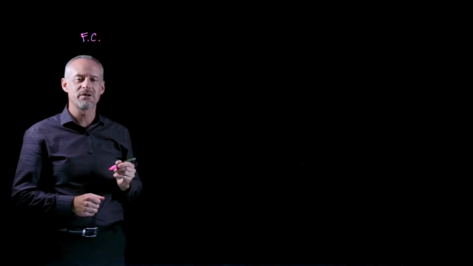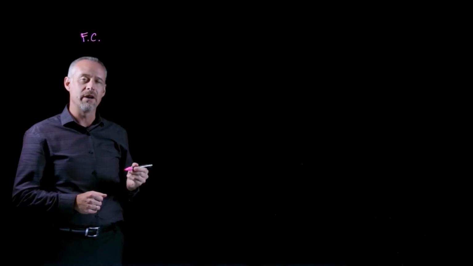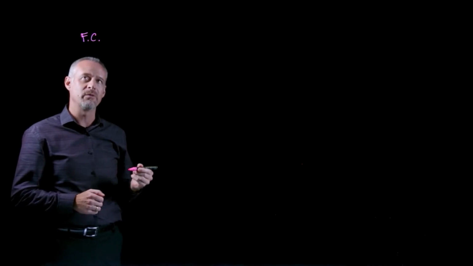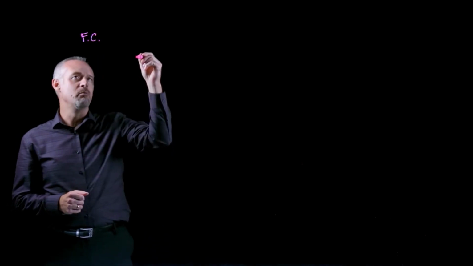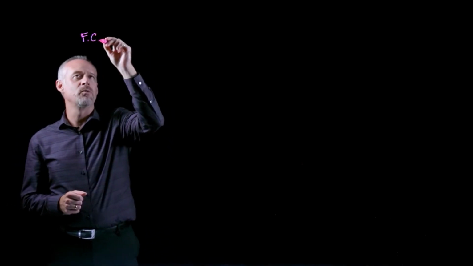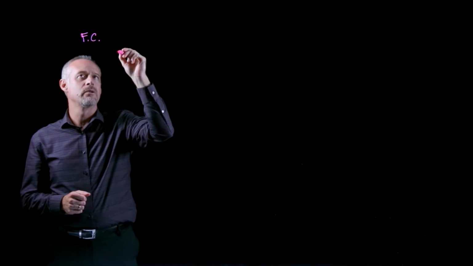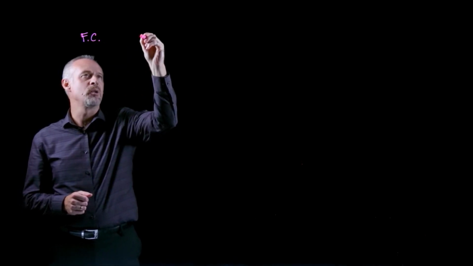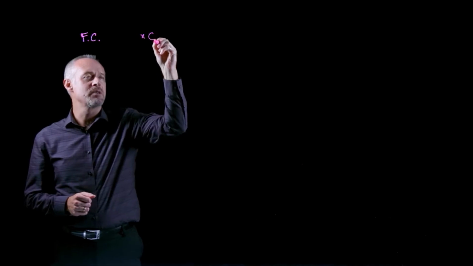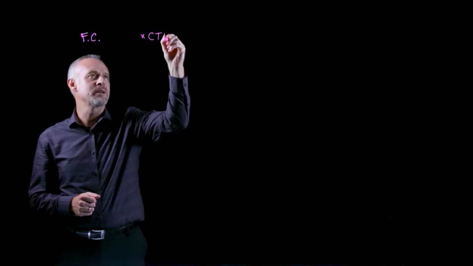So, as per usual, we'll have some first cost when we invest in machinery or other type of investment. And the method of finding the present worth of the first cost is to simply multiply by this thing we call the capital tax factor.